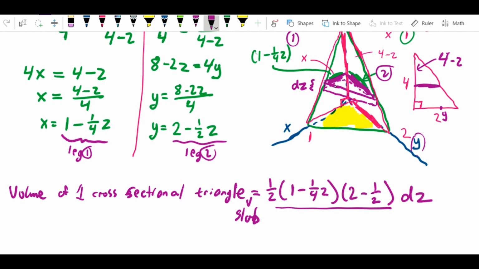And by the way, if you missed where the formula for area comes from, we know that the area of a triangle is 1/2 base times height. For a right triangle, that means we can simply multiply the two legs of the triangle together. So that's why we have here, this is leg 1 and this is leg 2. Okay, so now we have our expression for the slab that we can integrate, and we're going to set that up.